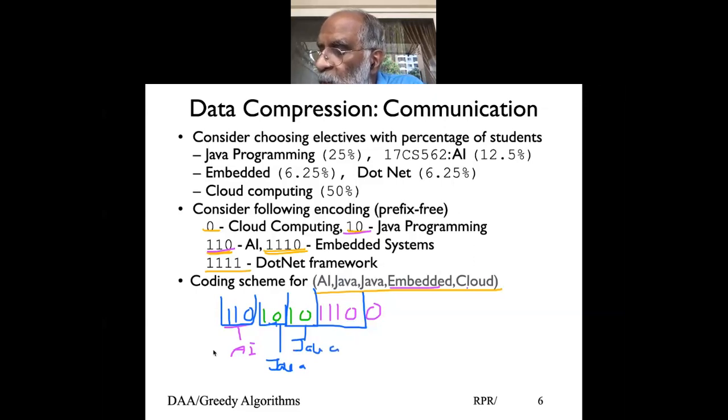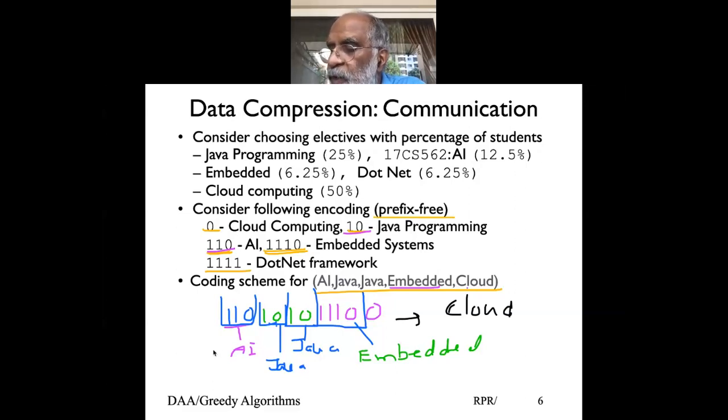Then 1110, which is embedded. And this 0 is cloud. This is called prefix-free encoding because no code is a prefix of any other encoding.